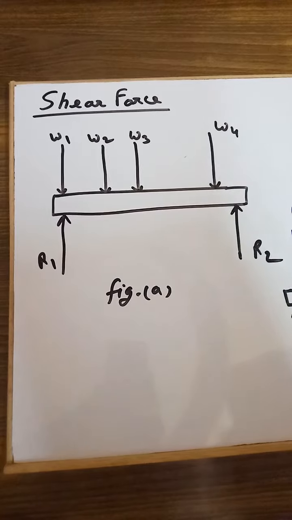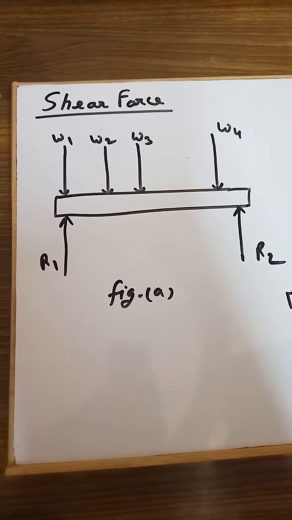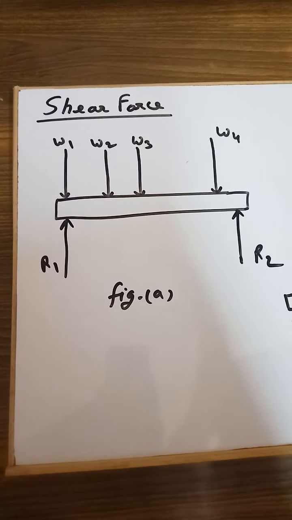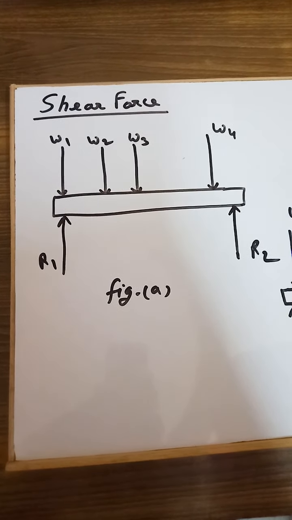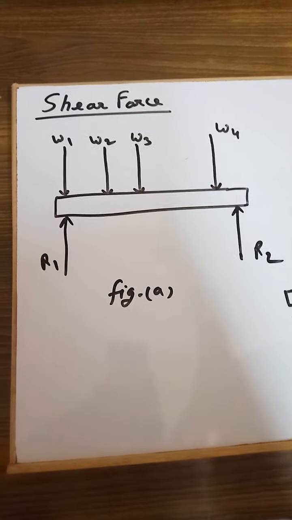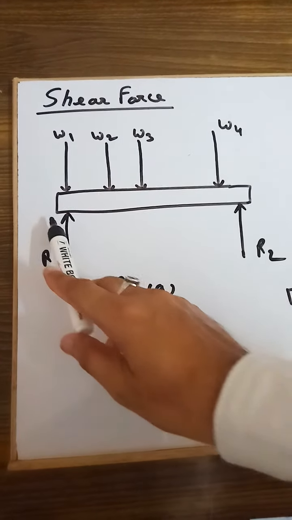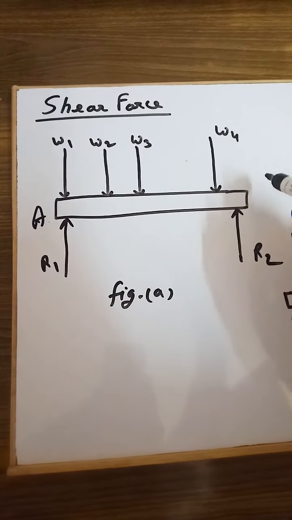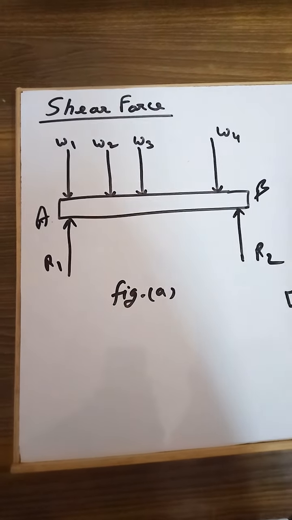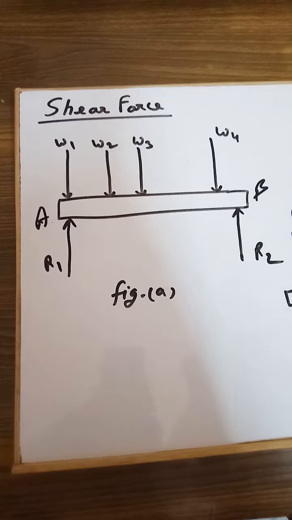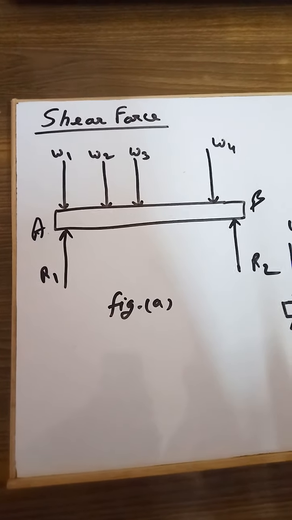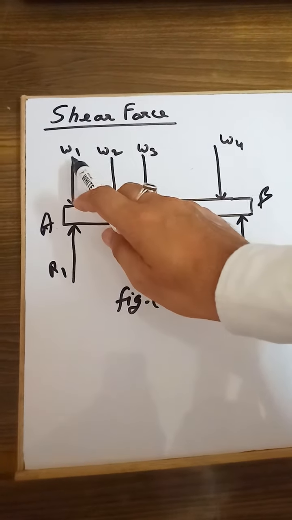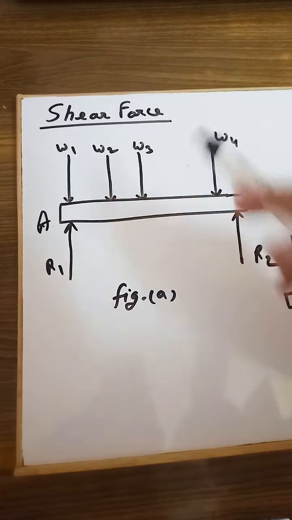Here in figure A, we have considered a simply supported beam, or a member which is supported at two points. Let's say this first point is point A, and this point is point B. On these two points the beam is supported and it carries four loads, here W1, W2, W3 and W4.